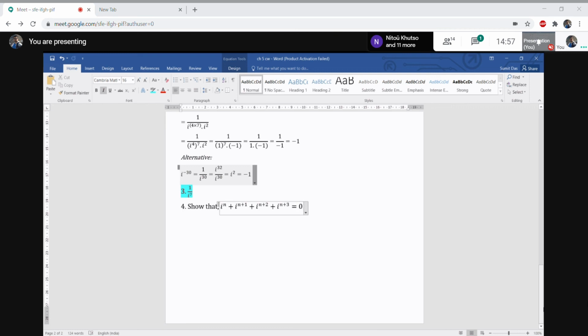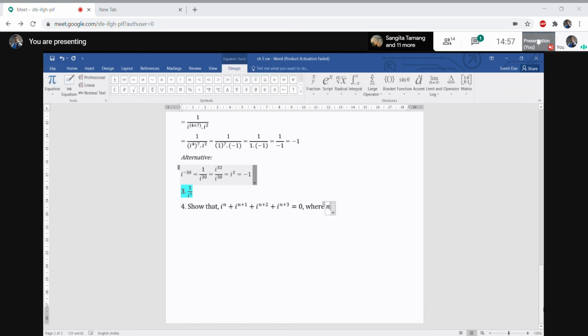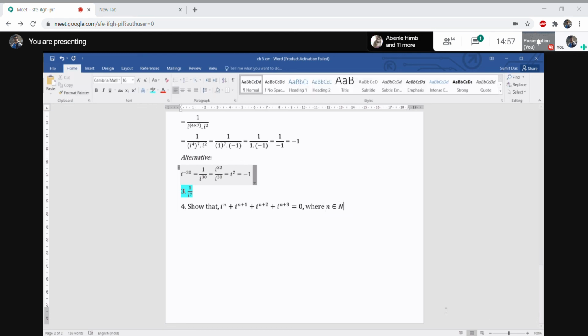You have to show this, where n belongs to the natural numbers. So how to solve this question?